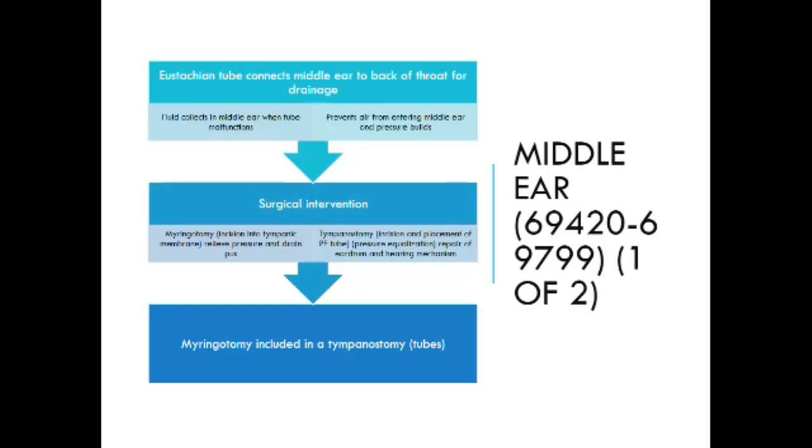It relieves pressure and can drain the pus. Tympanostomy: incision and placement of the PE tube, the pressure equalization tube, repair of the eardrum and hearing mechanism. Myringotomy is included in a tympanostomy, which are tubes.